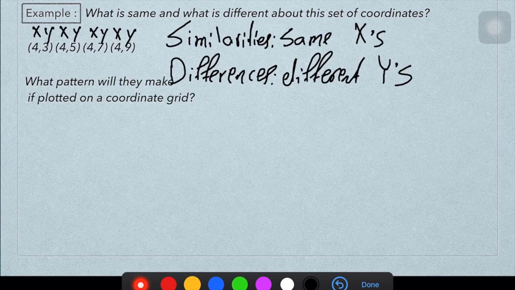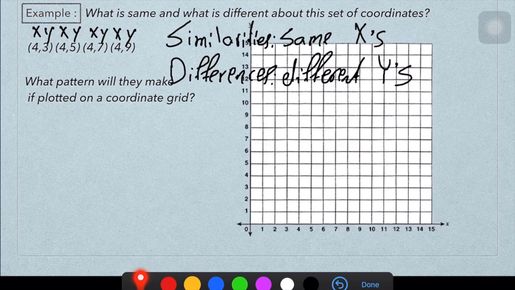What pattern will they make if plotted on a coordinate grid? Okay, now what we need to do is to have a coordinate grid, as I told you, the y and the x axis, and label them, scale them, and try to plot these coordinates on the coordinate grid. Let me have a coordinate grid here. Oops, my handwriting is interfering with the coordinate grid.